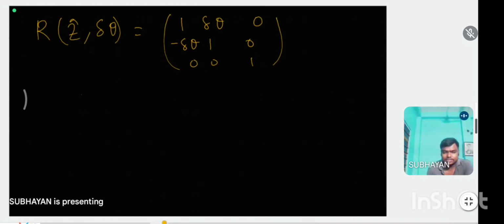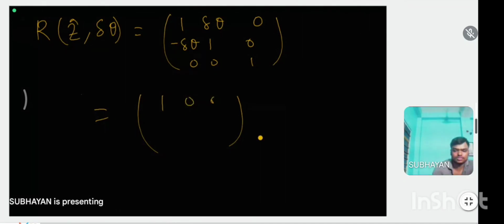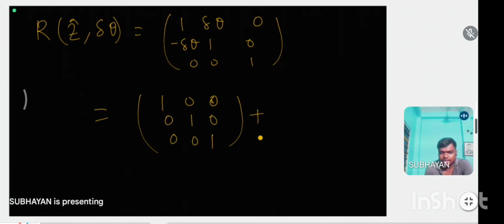And effectively you can write this as the identity matrix, 1 0 0, 0 1 0, 0 0 1, plus i times delta theta times the matrix 0, minus i, 0; i, 0, 0; 0, 0, 0.